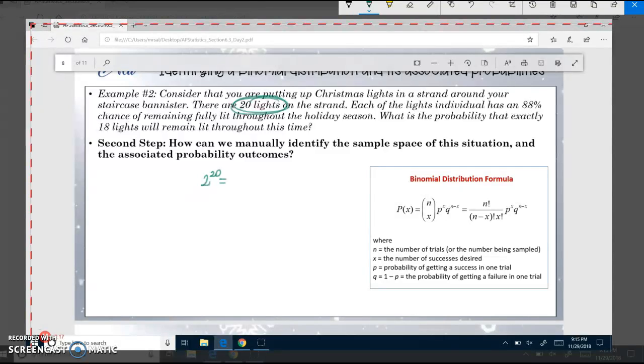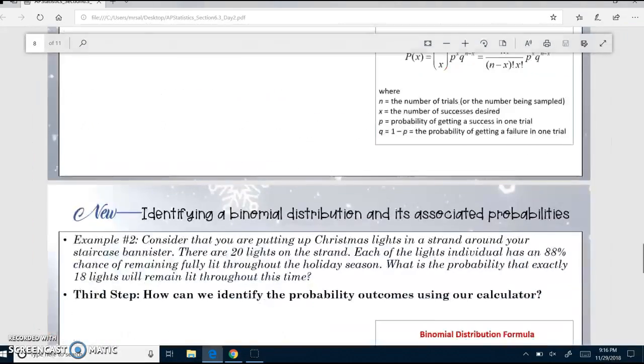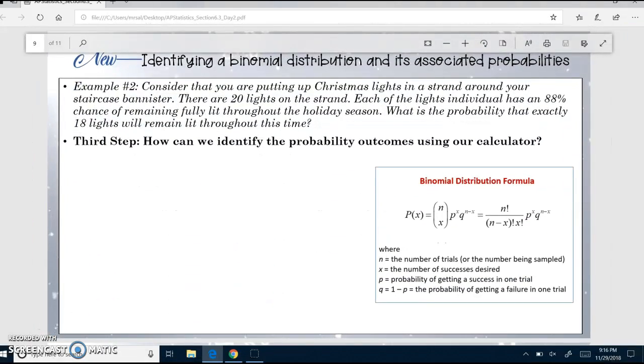So if we plug that into our calculator, 2 to the 20th power, we get this big old number: 1,048,576 different possible outcomes of successes and failures amongst our 20 lights. So we do not have time for that. We're going to go straight into doing that with our calculator instead.